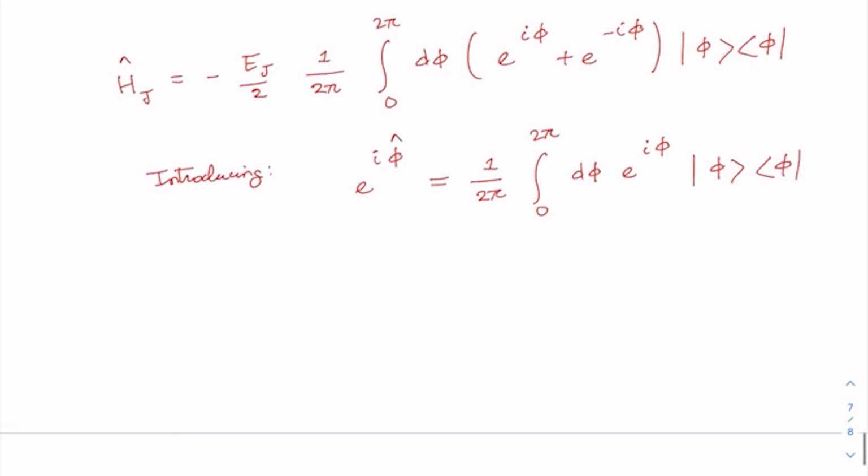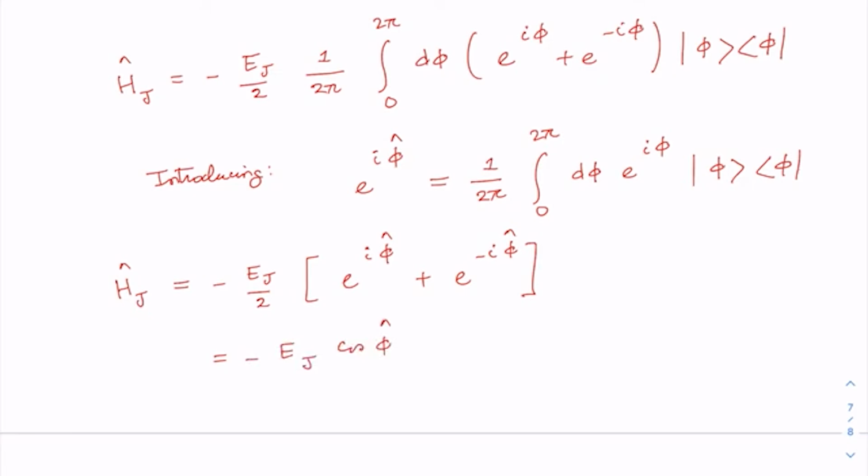We therefore write Hj is equal to minus Ej by 2, e to the power i phi cap plus e to the power minus i phi cap, and that is equal to minus Ej cos phi cap.